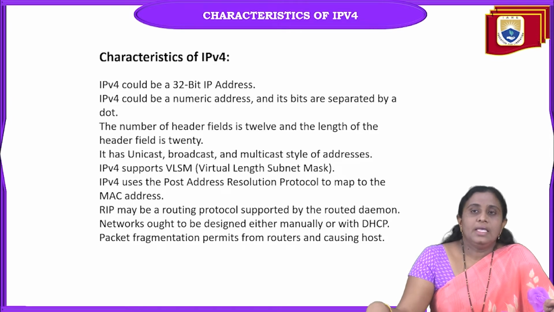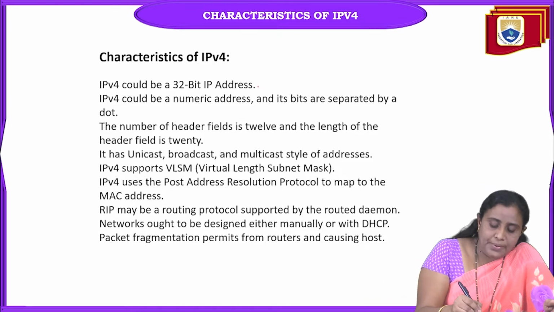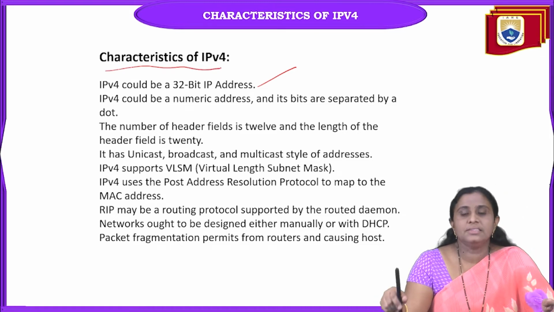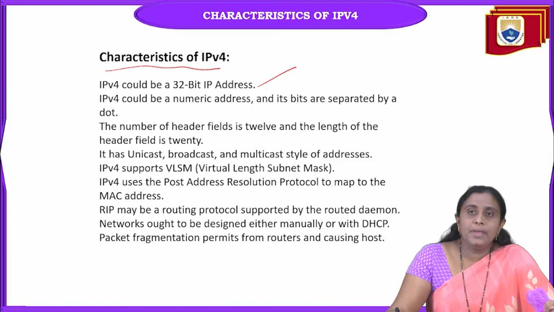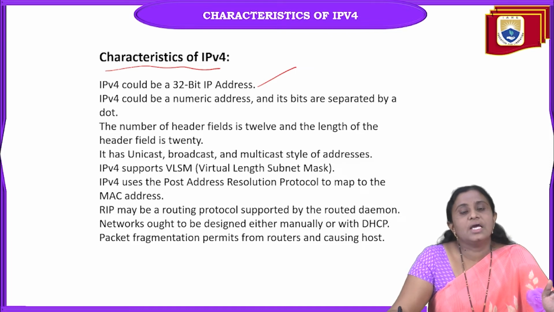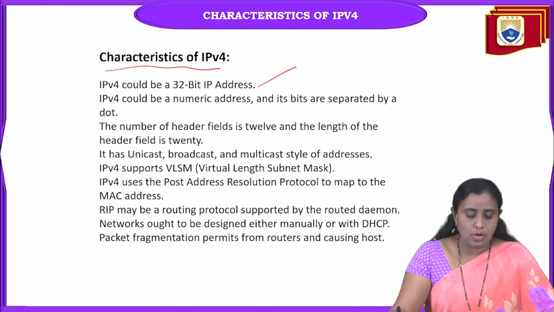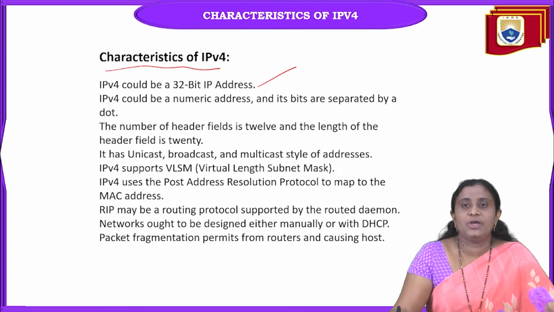IPv4 uses a 32-bit IP address. It is a numeric address which is denoted in a decimal format, and its bits are separated by a dot.